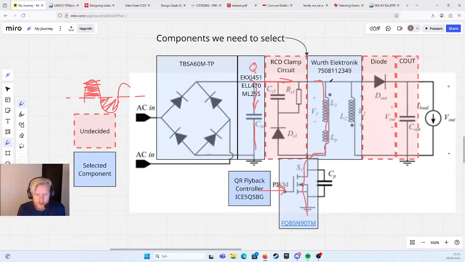So the changing magnetic field here will induce a voltage on this side, and we'll have current flow through the output diode, charging the output capacitor through the load, and then back, or to ground, I guess.